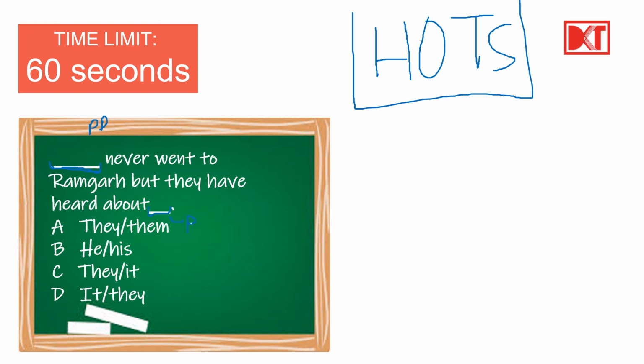Here again we are talking about a place, which is Ramgarh. Here we are talking about people, a group of people. So here the answer will be they. They never went to Ramgarh, but they have heard about it. For Ramgarh we use it, and for the people who never went to Ramgarh, they.